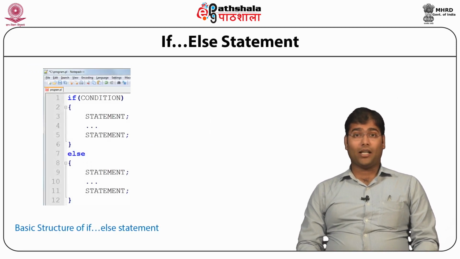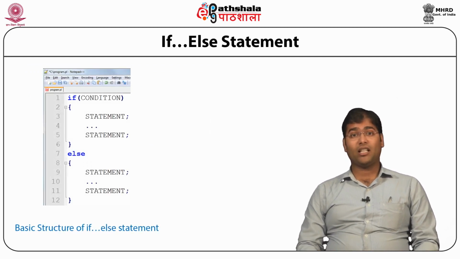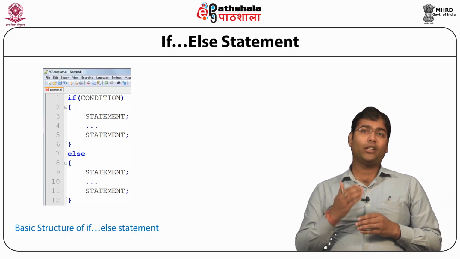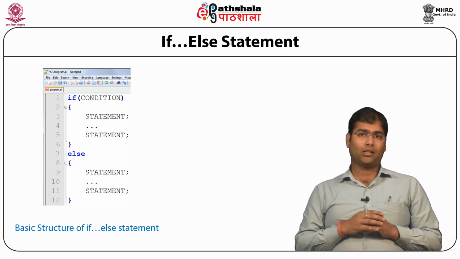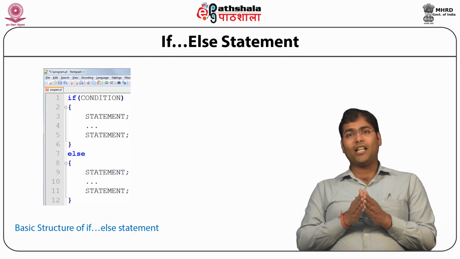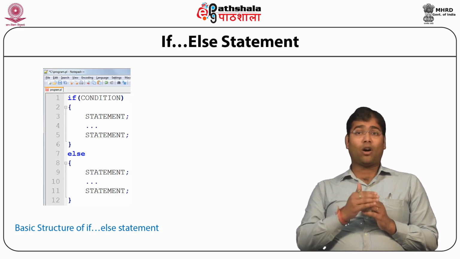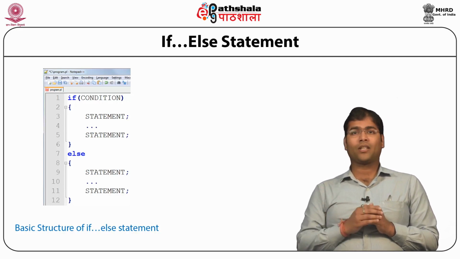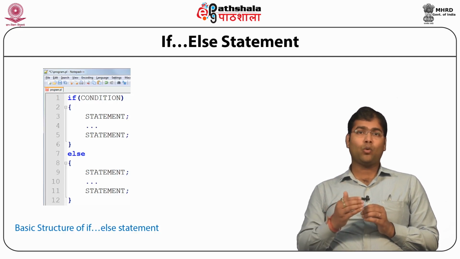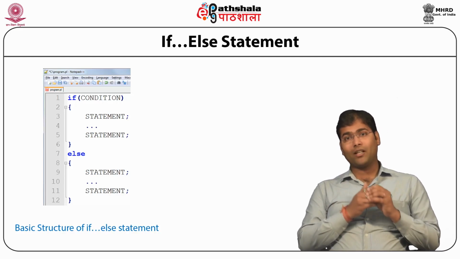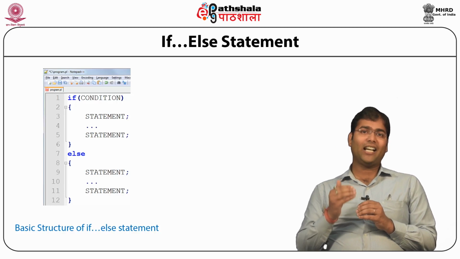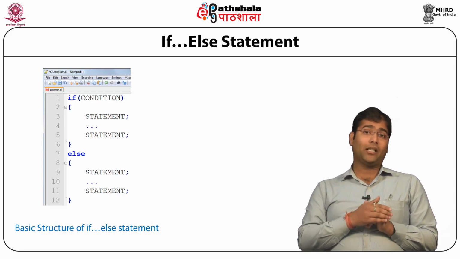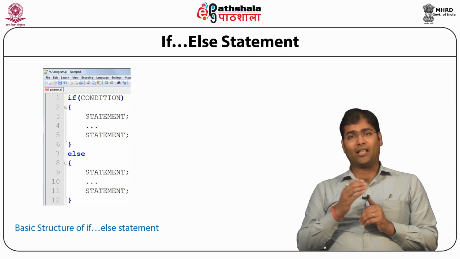The second conditional statement is the if else statement. In the if else statement, we can execute statements on the basis of two conditions, whether the condition is true or the condition is false. If the condition is true, it will execute the first statements, otherwise it will execute the second statements, which come under else.